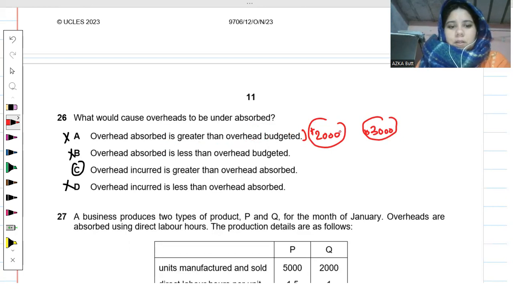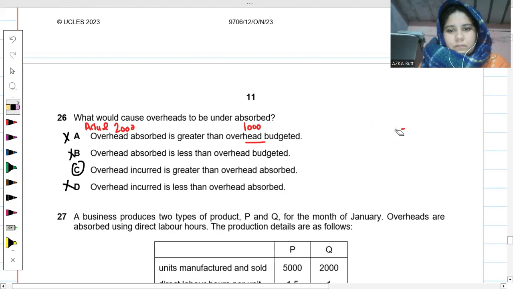Maybe the overhead absorbed, which is actual, is 2,000, and the budgeted is 1,000.